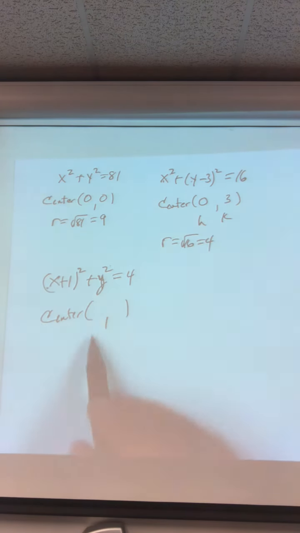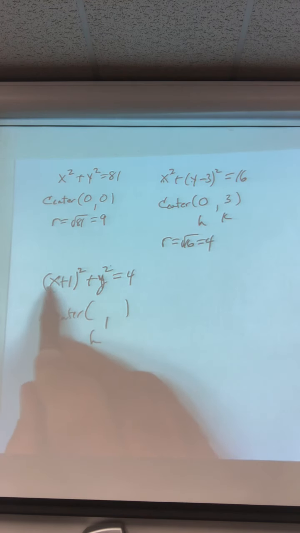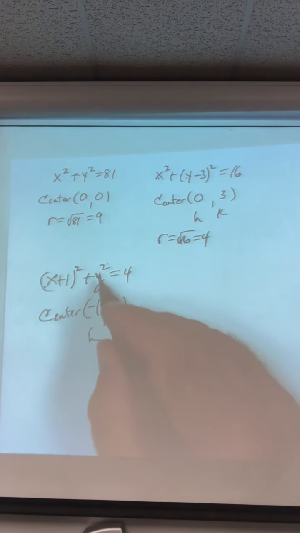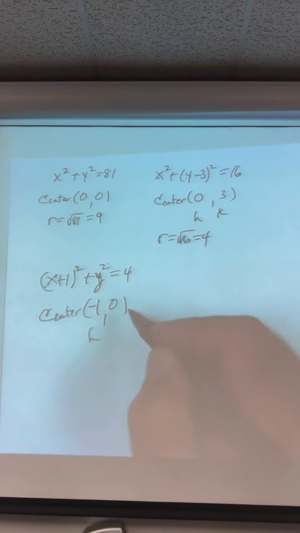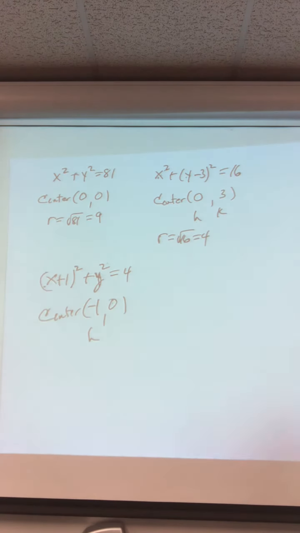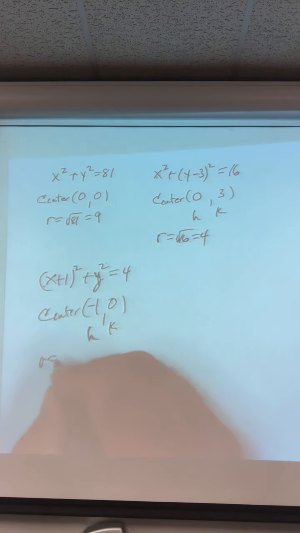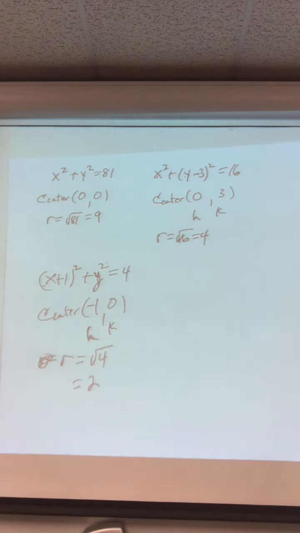The h is the opposite of what's behind the x, but in front of the square. So that's x plus 1, so the h would be negative 1. Y, there's no number behind the y, so it would be 0. That's your h and your k. And then the radius is the square root of the number that's on the end, which in this case is the square root of 4, which is 2.